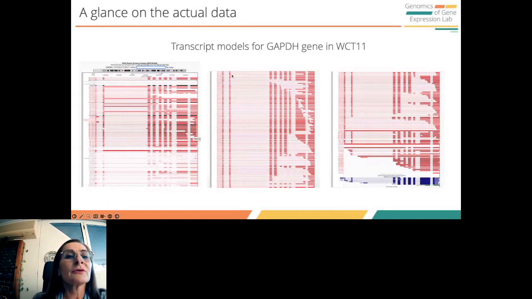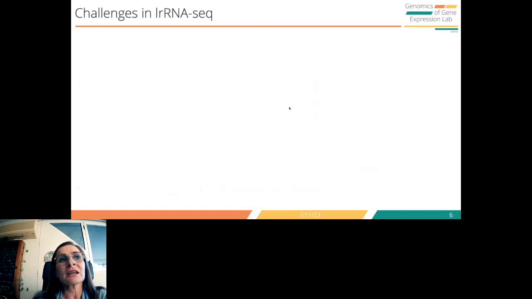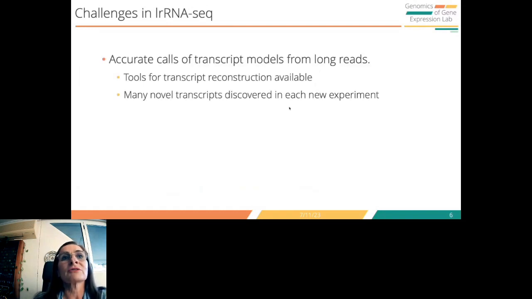There are some areas of the transcript that seem to be generally well resolved, while other regions seem to be more noisy, with many alternative processing events of these internal exons. So, of course, the question we need to ask is how much of this is actual biology, or is maybe the consequence of something else that is not the biology we are trying to study. This creates a number of challenges in long-read RNA sequencing.